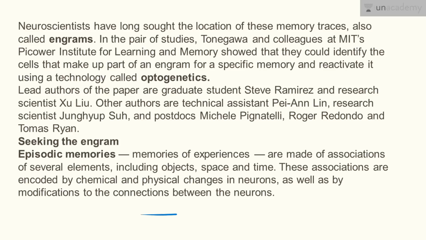Episodic memories, memories of experiences, are made of associations of several elements, including objects, space, and time. These associations are encoded by chemical and physical changes in neurons, as well as by modifications to the connections between the neurons.